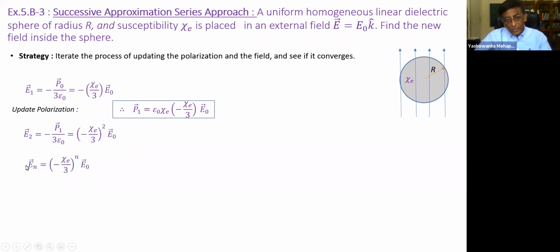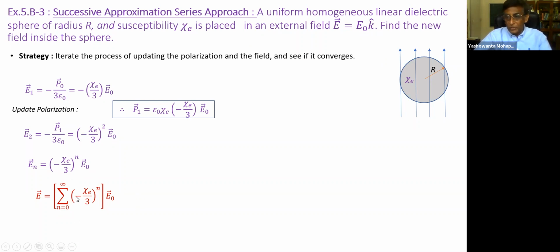And it is clear what will happen. At the nth step, I would have minus susceptibility by 3 to the power n E naught. Now I have done these steps, every time modifying, so what I'll need is a full summation of the series. Every time I've gotten in terms of E naught, the nth power, and I simply sum that.